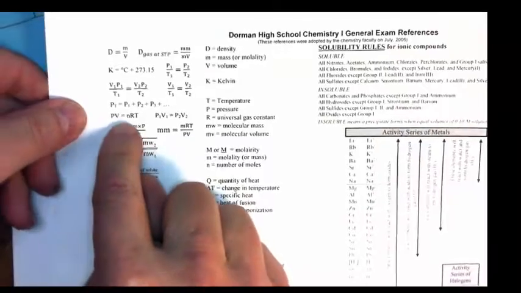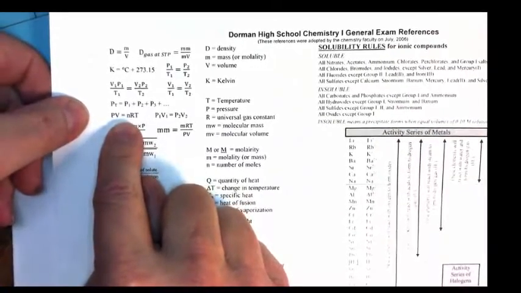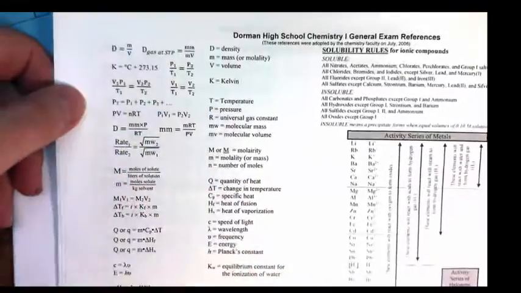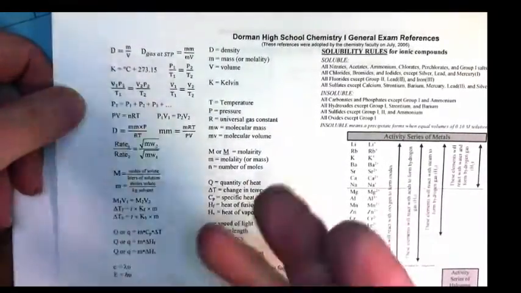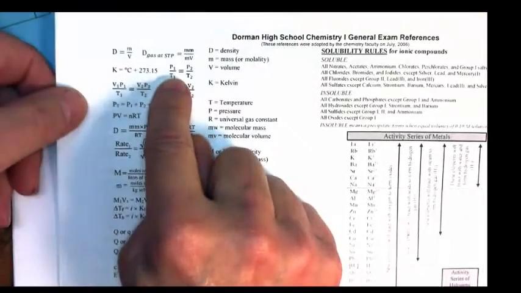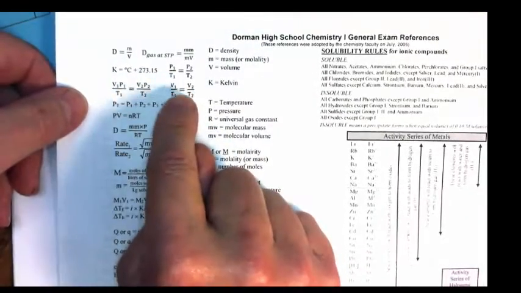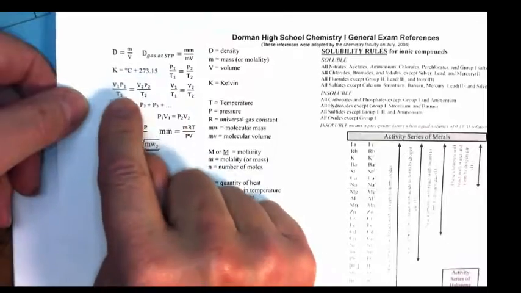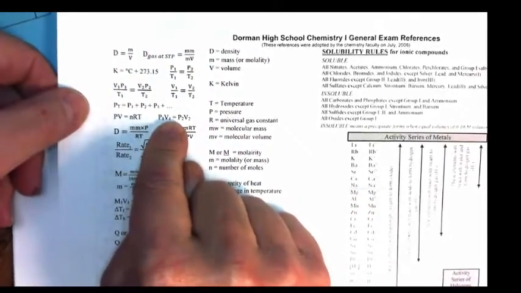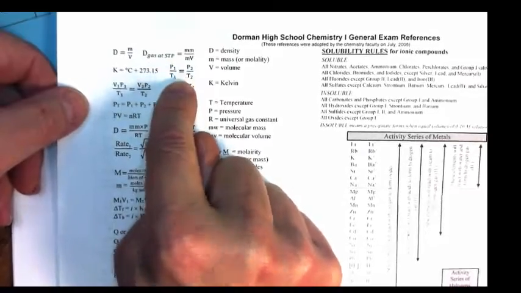There's the ideal gas law, and if you're able to use this set of test references because you're in a lower level class, or at least not the highest level class, you also have Charles' law here, and here's the combined gas law. Here is Boyle's law. That's Gay-Lussac's law.